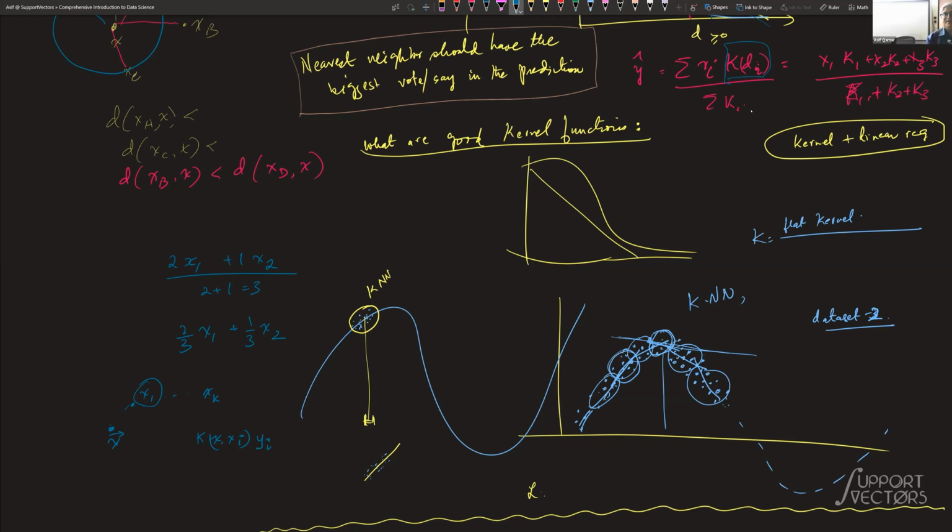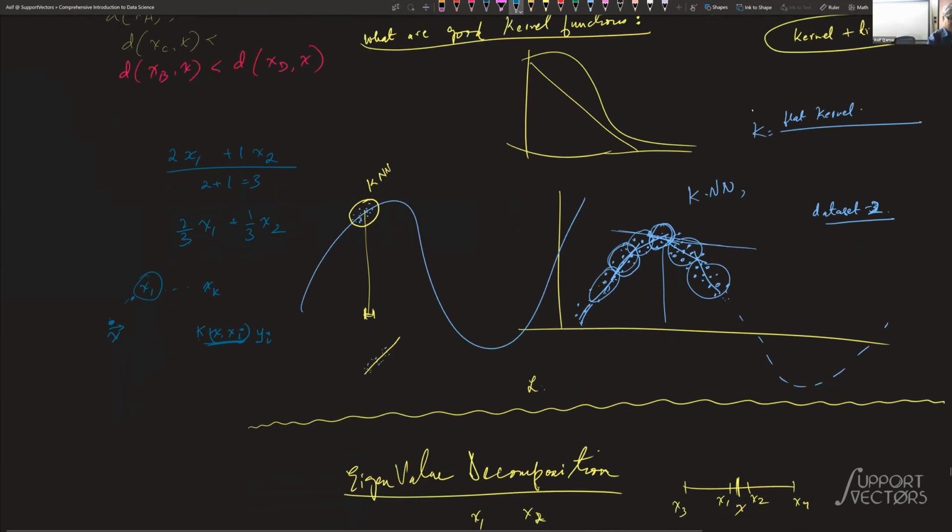Each of these guys is saying this, right? Let me make it simpler. Suppose there were only 2 nearest neighbors, x1 and x2. You would say k(x1, x) times y1 plus k(x2, x) times y2.